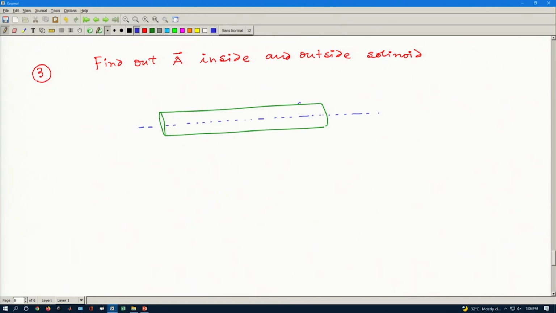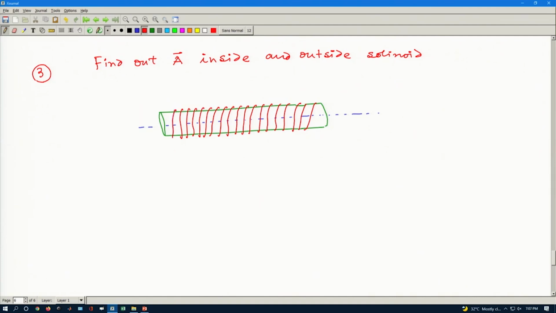Okay, maybe I can use a different color. This is our solenoid. Okay.